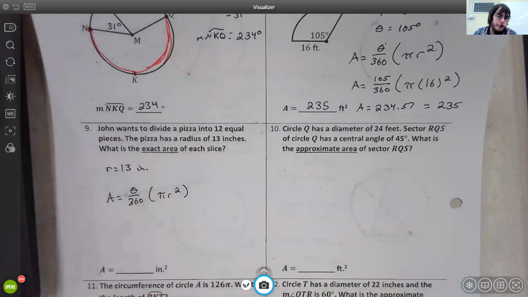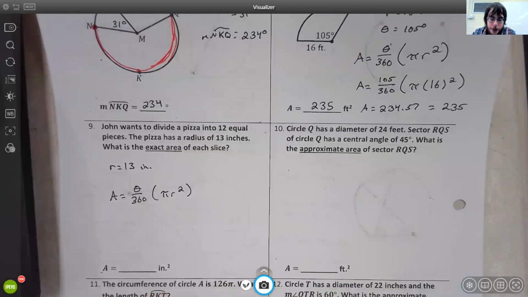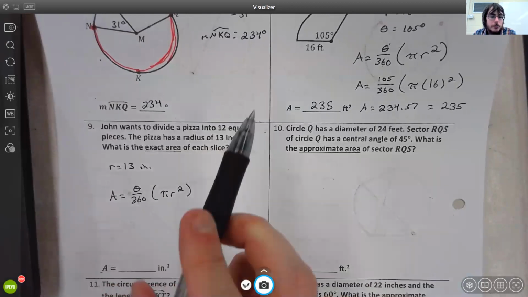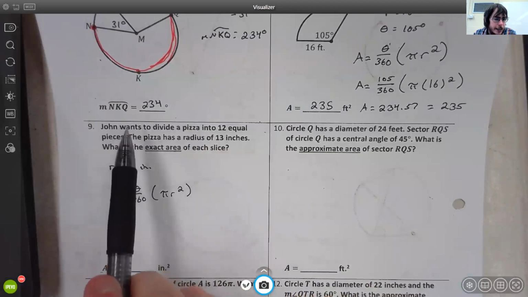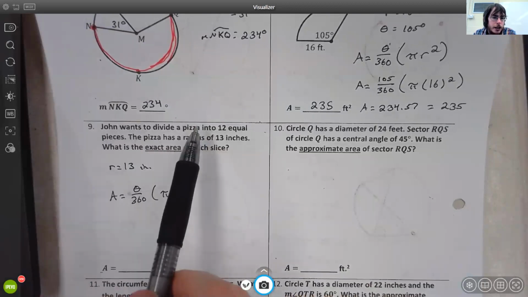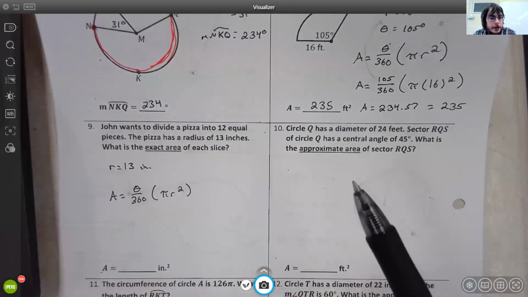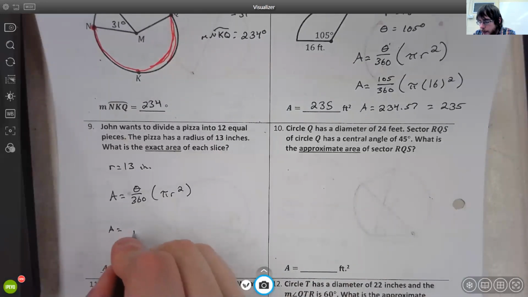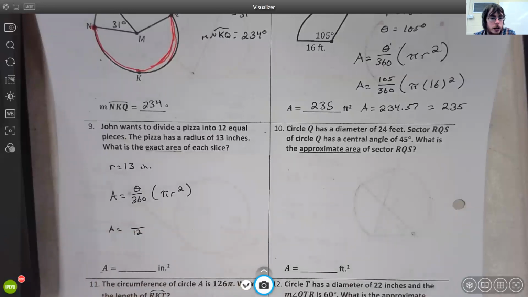But here's where the fraction gets a little bit tricky. This is your part over your whole thing, but that's talking about angles. In this case, John says that he's dividing a pizza into 12 equal pieces. So the whole thing has been cut into 12 pieces. So that's your whole.